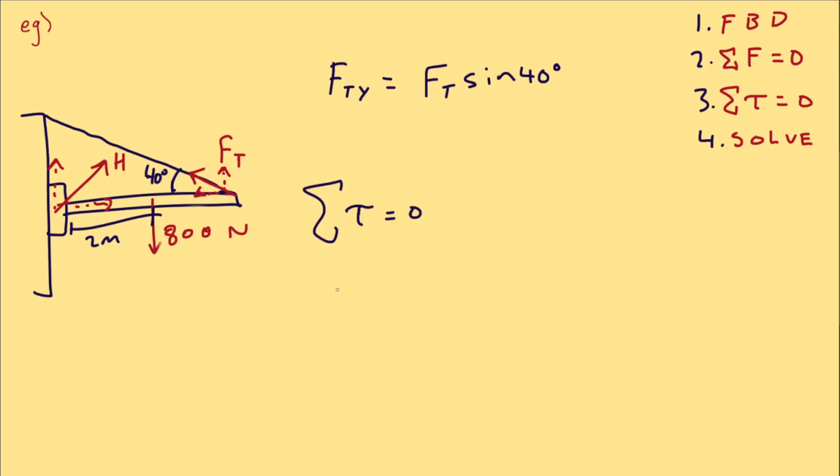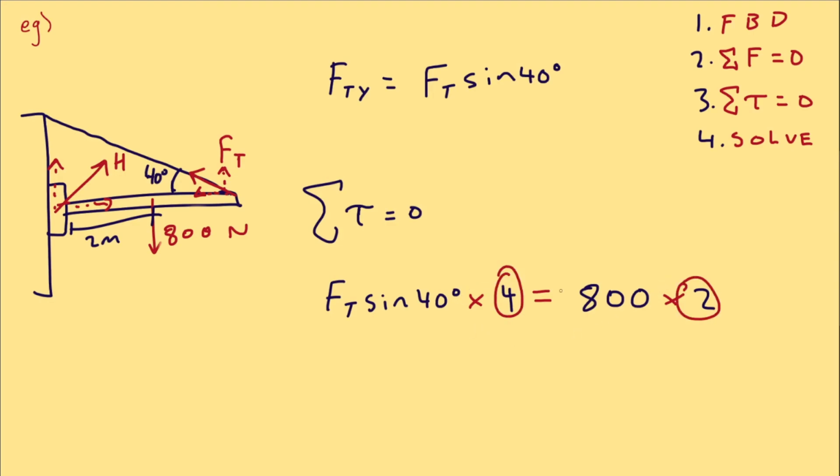That means our total torques in both directions balance out. So the torque coming from our tension is equal to the torque coming from our arm. If you're wondering where these numbers came from, these are the lever arms. The tension is 4 meters away and the arm is 2 meters away.